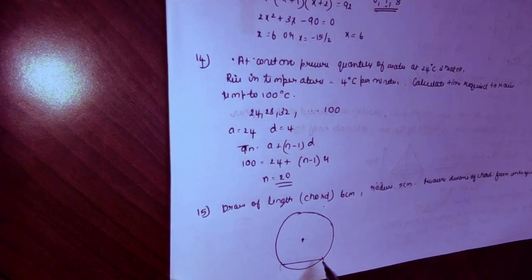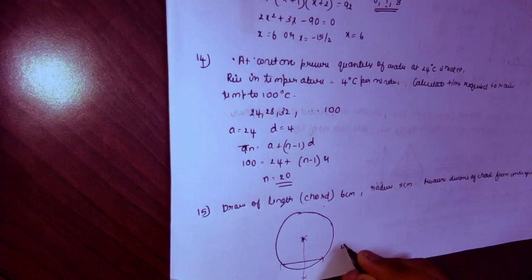Then from this arc cut the circle here, and from this arc cut the circle here, and down both the ways you have to cut. Then draw a straight line here. So when you draw it properly, you'll get the distance of the chord from the center O, that is 4 centimeter.